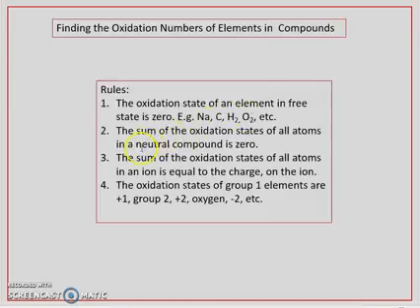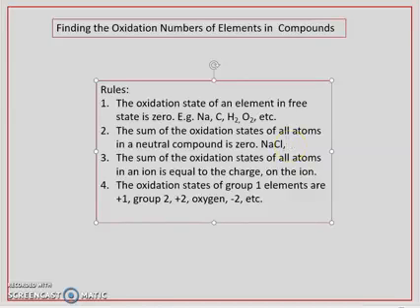Note that if it is in a compound, then they will have charges. Then another rule is that the sum of the oxidation states of all atoms in a neutral compound is 0. For instance, sodium chloride is a compound, and there is no charge on it. So if you add the oxidation number of sodium and that of chlorine, everything will total 0.